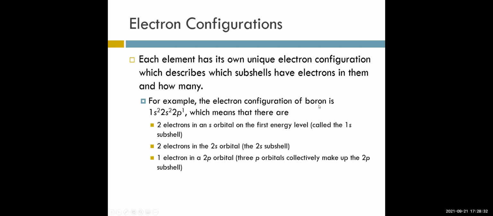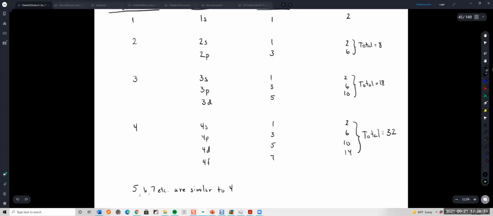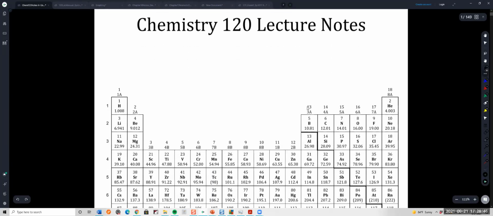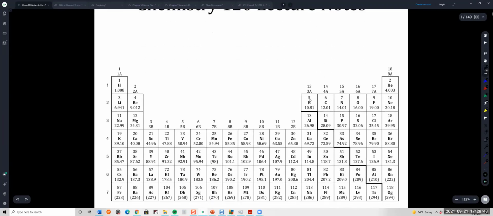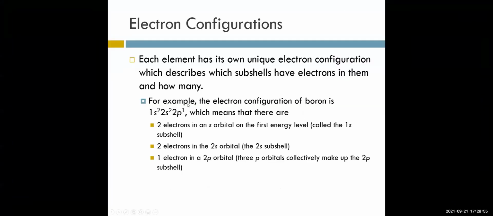So for example, boron. If we look at it on the periodic table, boron has, let me go back here, I'm on page 45. Boron has 5 protons and 5 electrons, correct? The first 2 electrons go into the 1s subshell. And then that's full.